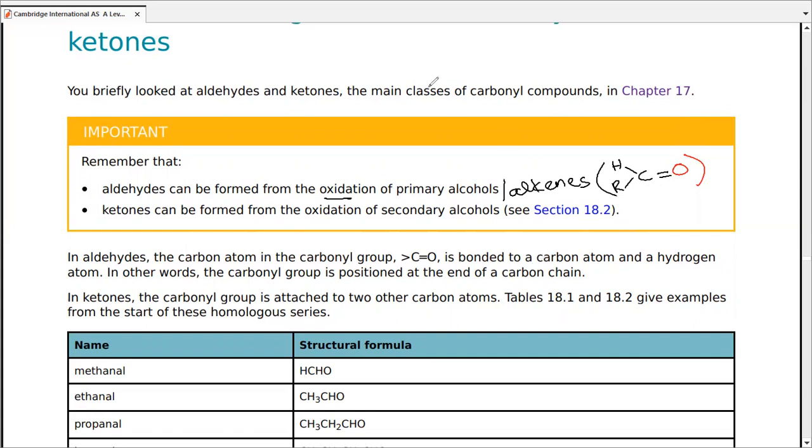Now I'm going to do the same thing with the next line, and the next line is about ketones, and that's the oxidation of secondary alcohols. I hope in secondary alcohols you understand that the carbon that is connected to the alcohol group is supposed to be connected to 2 other carbon chains or carbon groups. That can be big chains, that can be a single-carbon alkyl group, it can be anything.